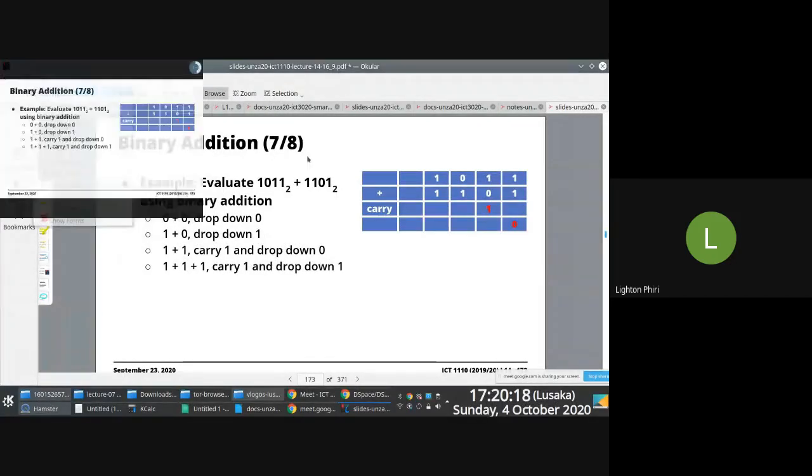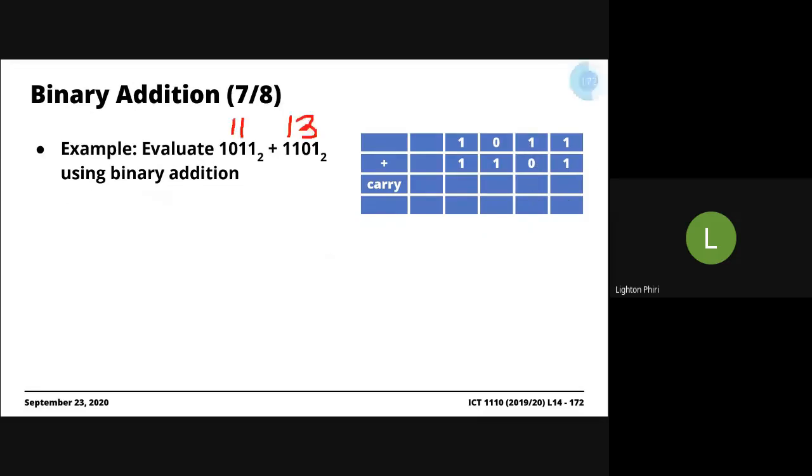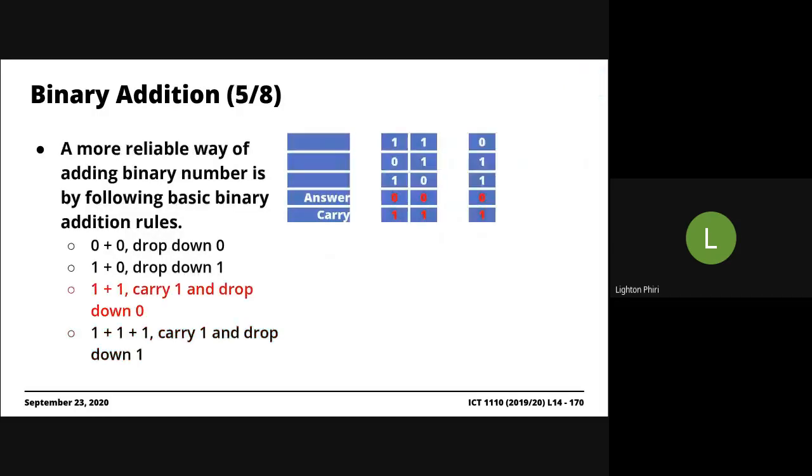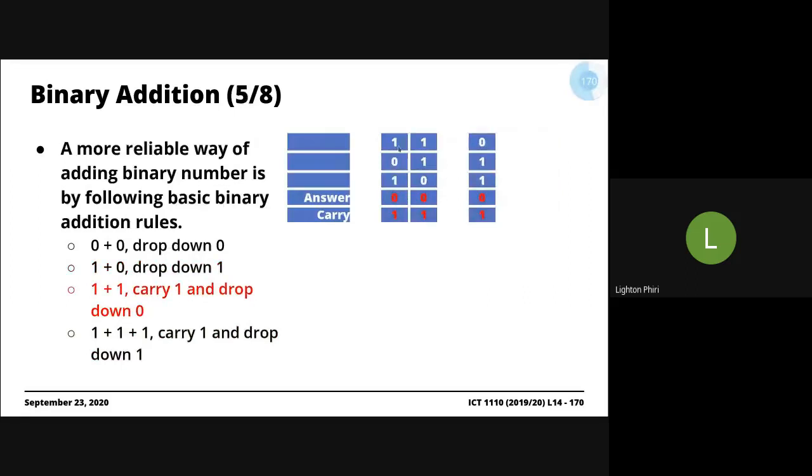So you notice now that this next column, which we need to add, has a 1, 0, and a 1 which we carried from here. So effectively, we have a 1, 0, 1. If we go back here, when we have 1, 0, 1, the answer is 0. We carry 1.